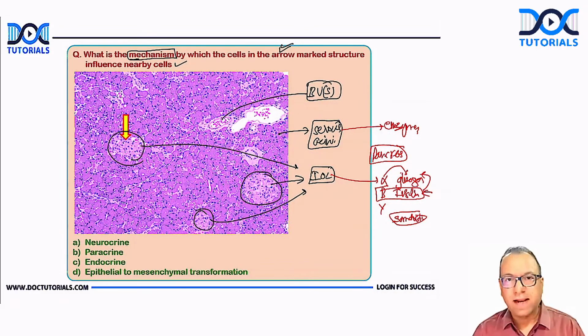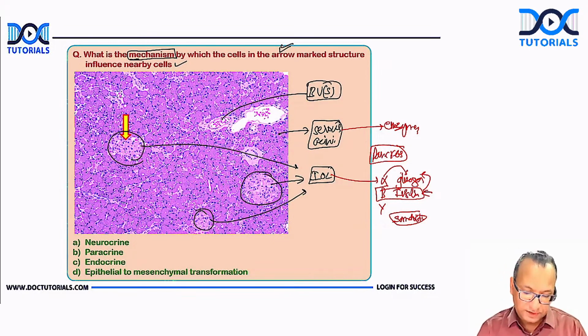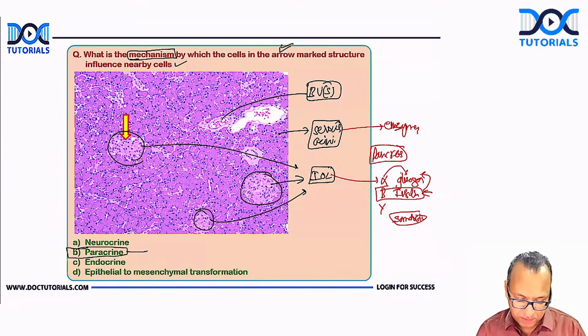That is called paracrine effect. So the question is asking about paracrine effect. For example, delta cells giving somatostatin can reduce the secretion of glucagon and insulin. So we are talking about paracrine. What about the other, say neurocrine? Neurocrine is basically nerve impulses, and we don't have neuron bodies here, so it will not apply.